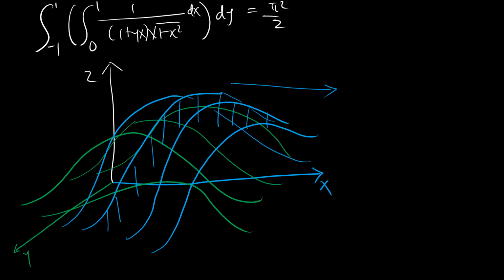Or we could as well integrate in this direction and then integrate in the y direction, or the other way around. So what I'm trying to say here is that you could flip the order of the integration and still be okay.